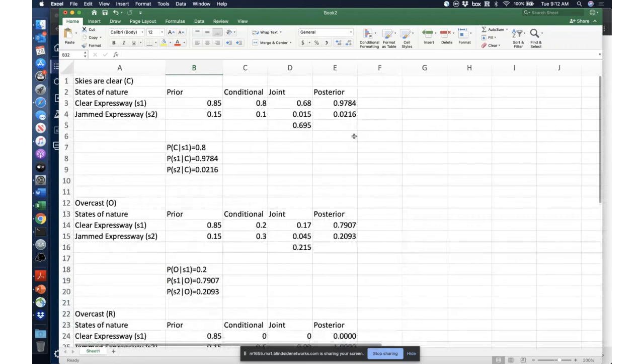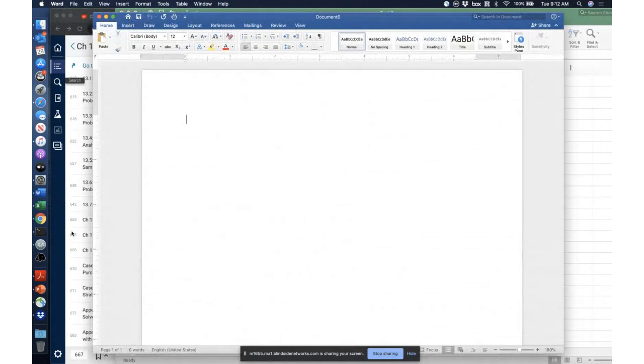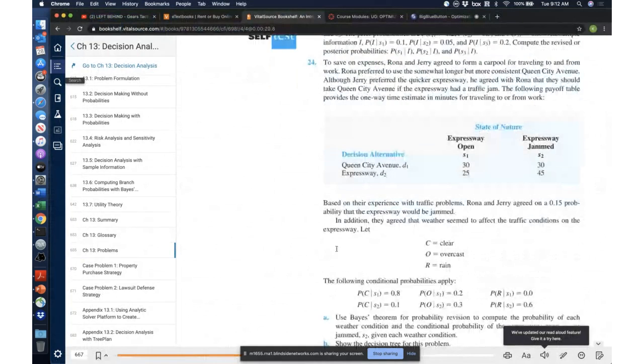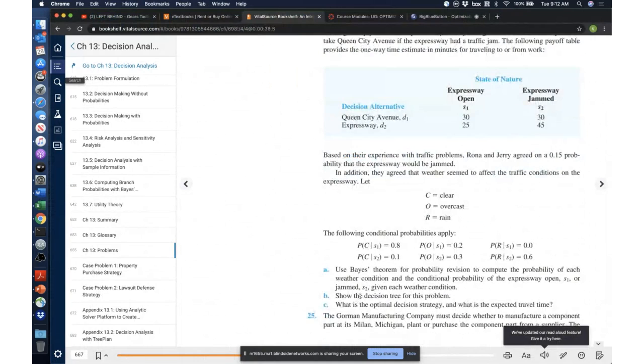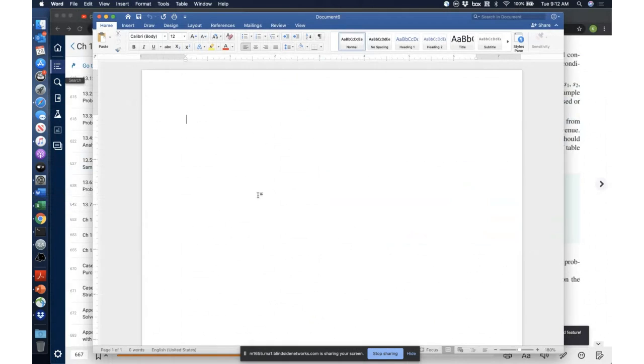Again, I will post these calculations on Canvas. But let's draw the decision tree here, right? So the decision here is whether to take the expressway or not to take the expressway.